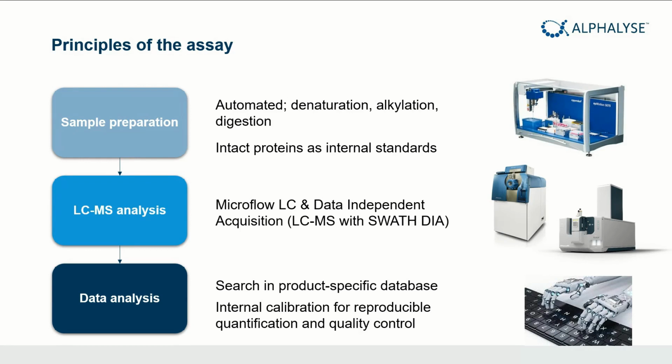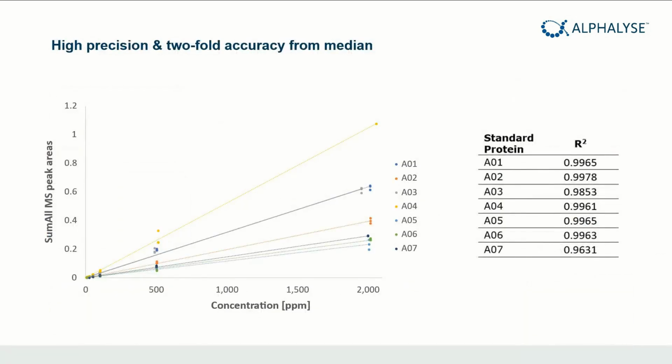So these will be the host cell proteins, it will be the drug substance sequences, it will be any enzymes you add during the processing or other proteins that the sample may see in the manufacturing process. And then we use these internal standards for reproducible quantification and for quality control. It's explained on the next slide here.